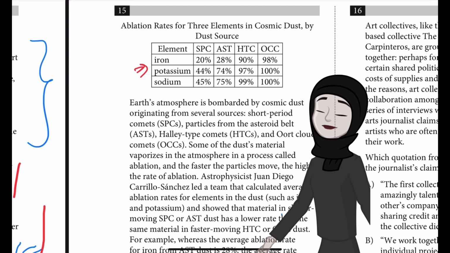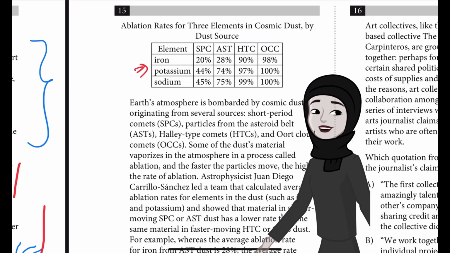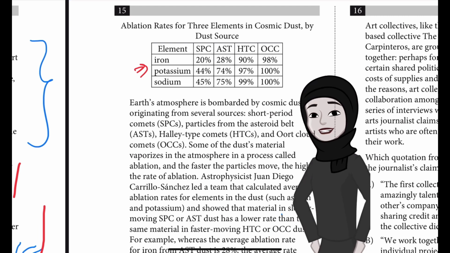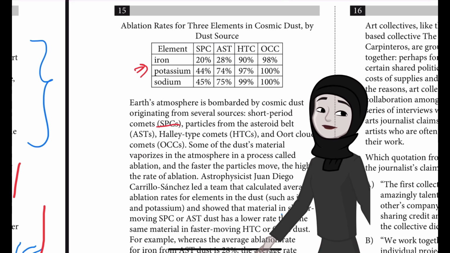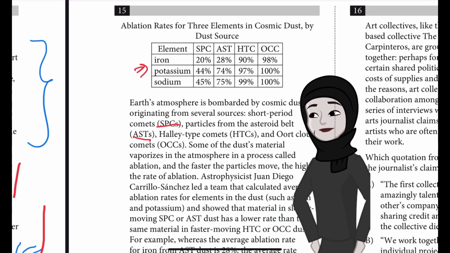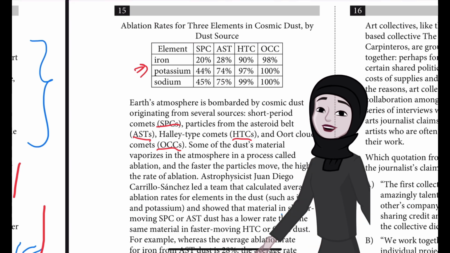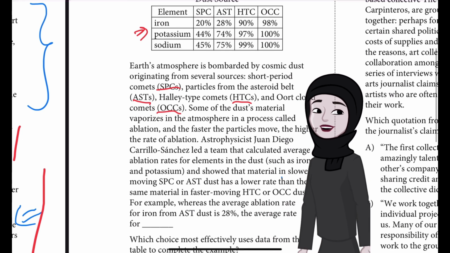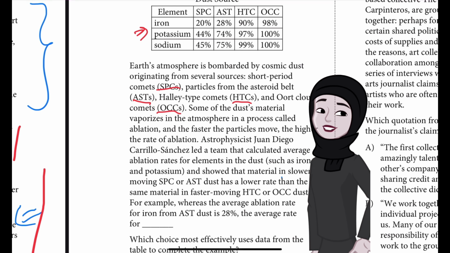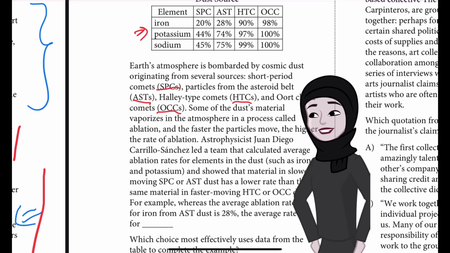Earth's atmosphere is bombarded by cosmic dust originating from several sources: short period comets, SPCs, particles from the asteroid belt, ASTs, Halley-type comets, HTCs, and Oort cloud comets, OCCs. Some of the dust's material vaporizes in the atmosphere in a process called ablation, and the faster the particles move, the higher the rate of ablation.